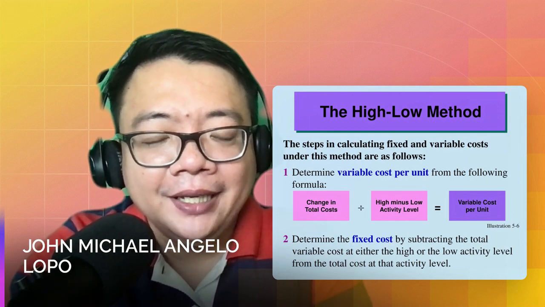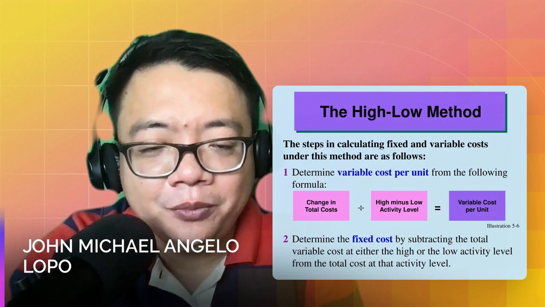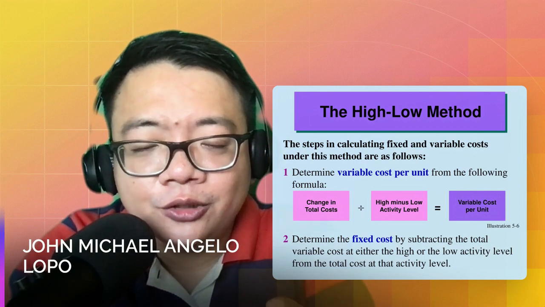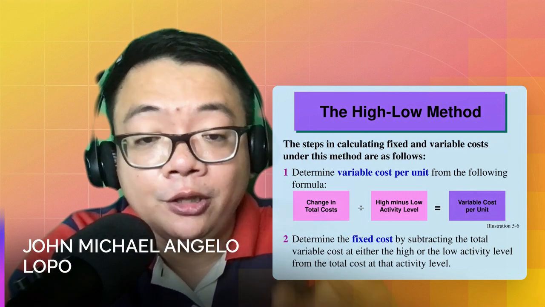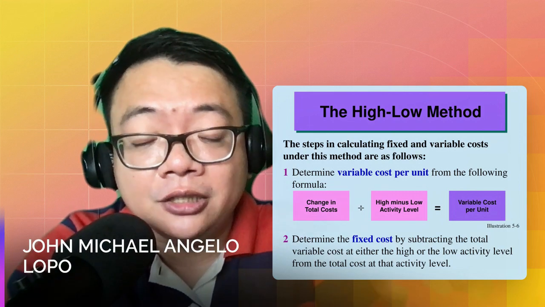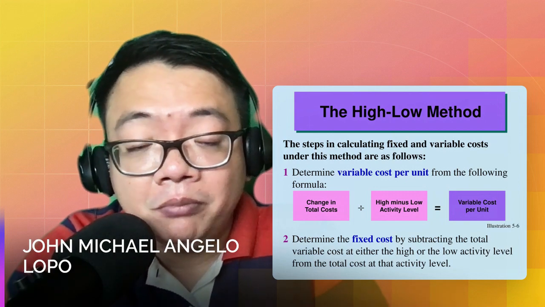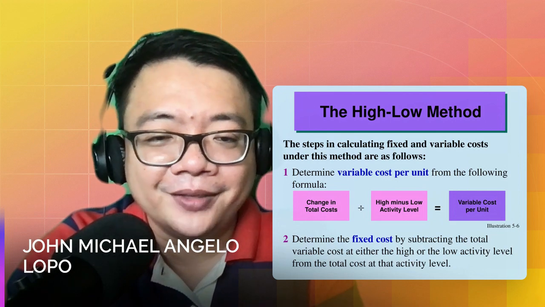Why? In terms of the variable cost, the formula should be like this: the cost of the high level of activity minus the cost of the lowest activity, divided by the highest activity minus the lowest activity.